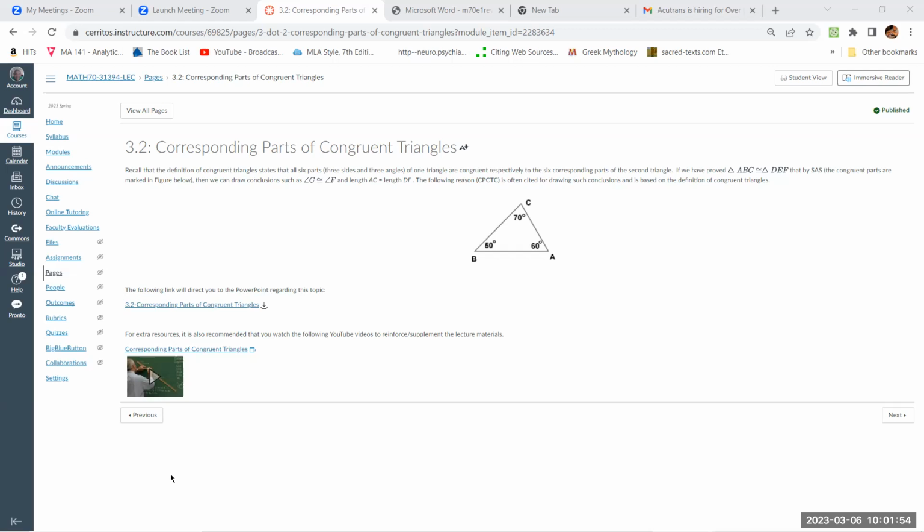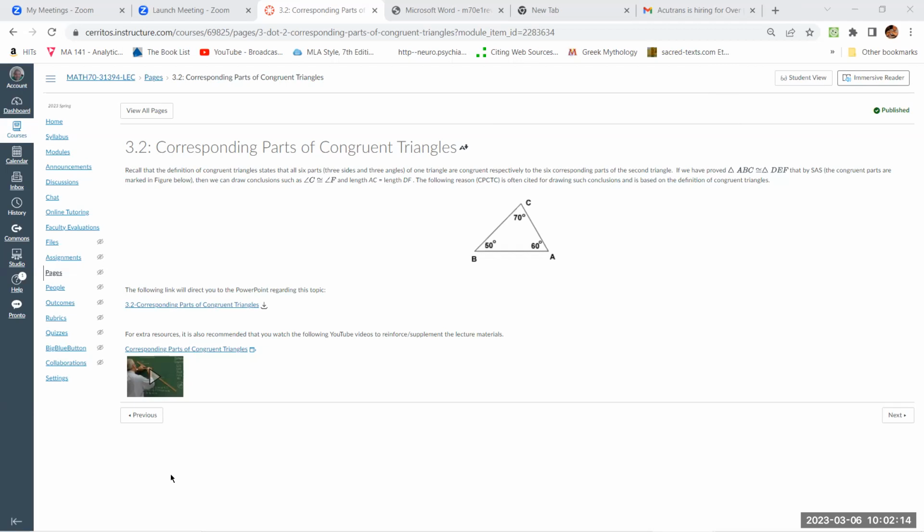This theorem starts with congruent triangles and says, since the triangles are already congruent, the corresponding parts have to be congruent as well. So it's kind of the back.